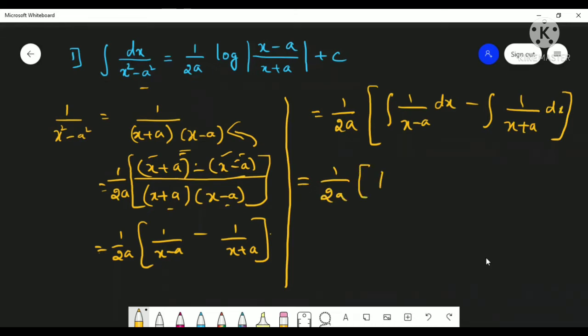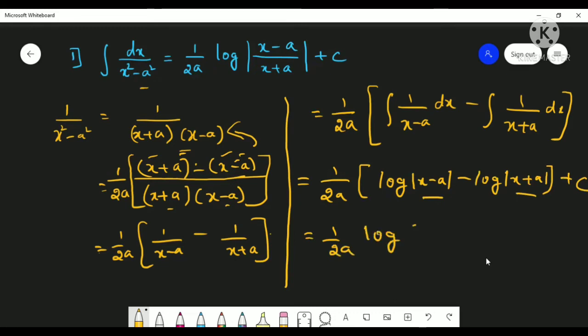That is log mod x minus a, minus the integration of 1 by x plus a, which is log mod x plus a, plus c. Now do you know that log m minus log n is log m by n? That is 1 by 2a log mod x minus a by x plus a, plus c, the arbitrary constant. This is the proof of the first problem.